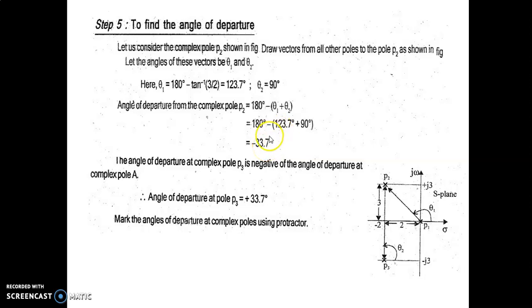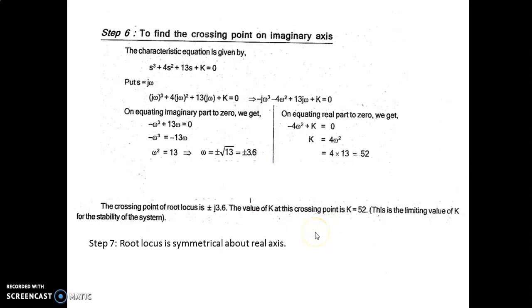In a similar way, we can find the angle of departure at P3 without calculating, because it is just the mirror image. So the angle of departure at P3 is plus 33.7 degrees. This angle of departure at the complex pole you can mark by using a protractor.